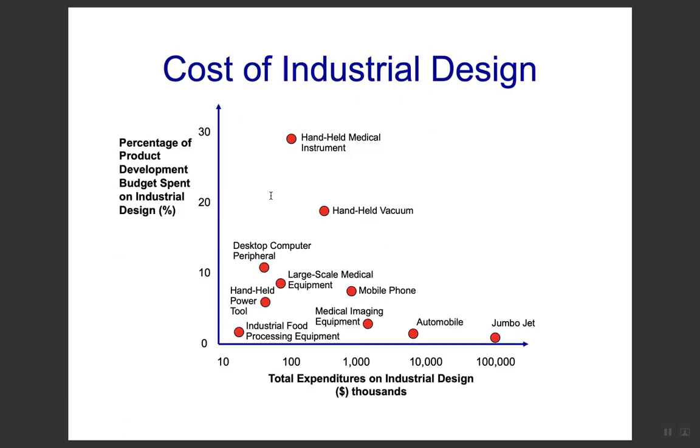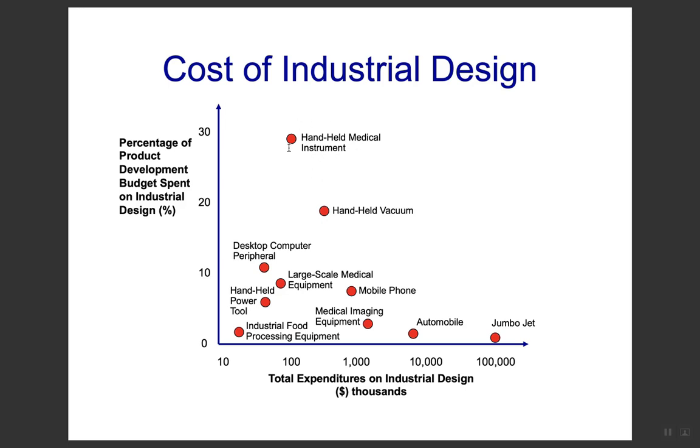And for the cost of industrial design, we look at the x-axis and y-axis. The y-axis is the percentage of product development budget spent on industrial design, and this is the total expenditure of industrial design. So we will look here, for example, at handheld medical instruments.